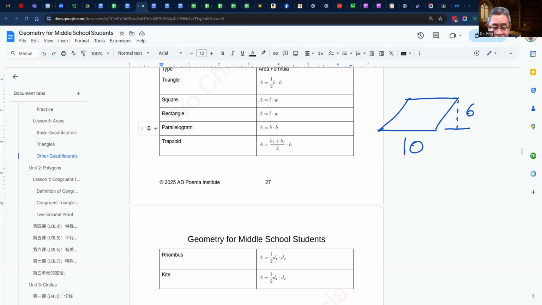And then we're going to do something with some decimals, because in real life, things are not that neat.